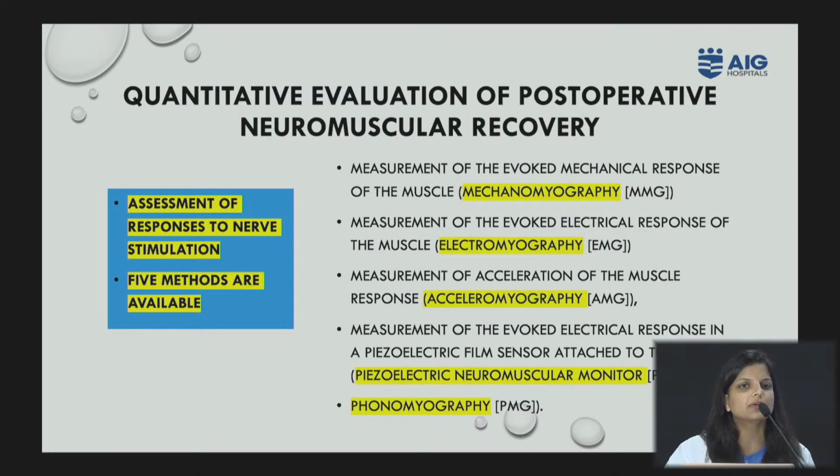Quantitatively, we assess the responses to nerve stimulation by measurement of the evoked mechanical response of the muscle, that is mechanomyography; measurement of the evoked electrical response of the muscle, that is electromyography, EMG; measurement of acceleration of the muscle response, that is acceleromyography; and measurement of the evoked electrical response in a piezoelectric film sensor, that is the piezoelectric neuromuscular monitor, as well as phonomyography.